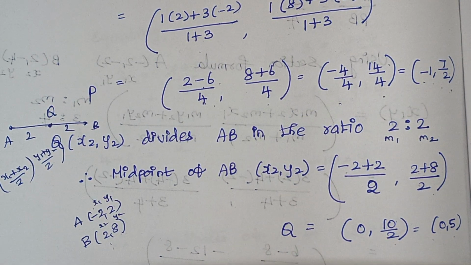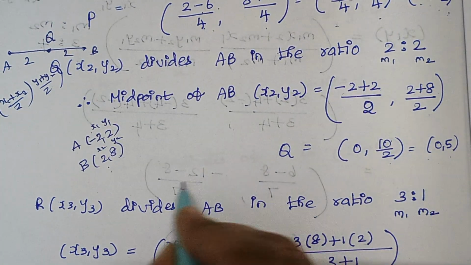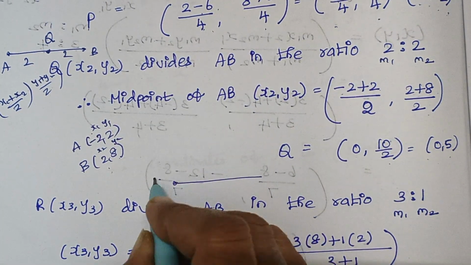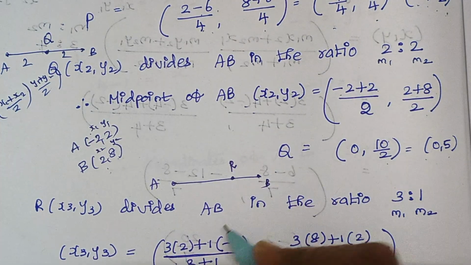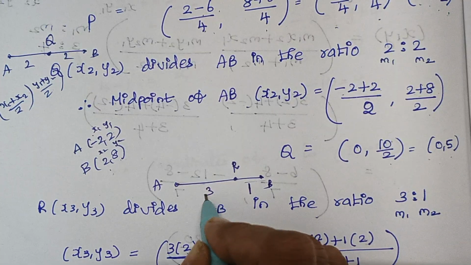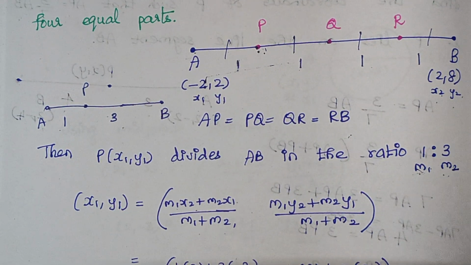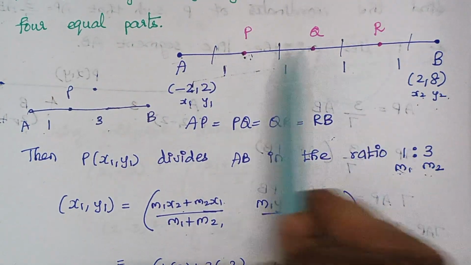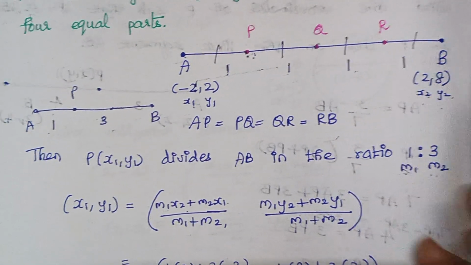Now we are considering the last point, that is point R. So again, when you draw the diagram, you see this is my A and this is my B, and this is where my point R is located, and here RB is 1 and AR gives the value 3, right? Again you see when you look at this main diagram, now I am considering the point R. So AR gives 3 and RB gives 1, right?